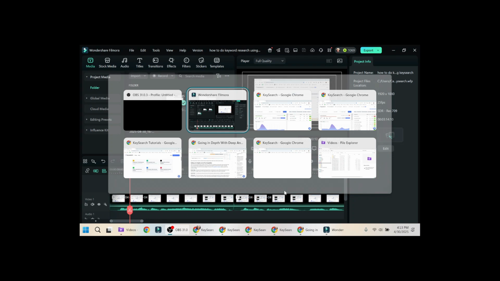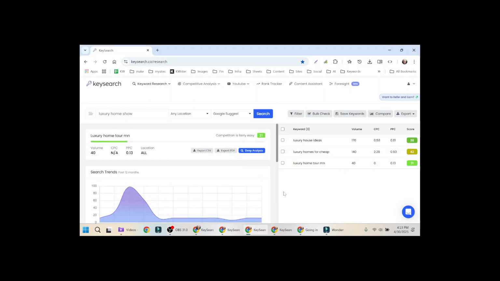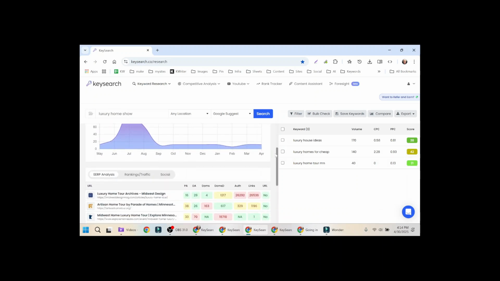Luxury home tours Minnesota seems like a very specific keyword, but it still might be valuable to you for generating content if, for example, you created a directory listing of luxury home tour shows. Minnesota would just be one of them. You would do your location, your territory, states, what have you. It's got a relatively easy 21 score for competition.